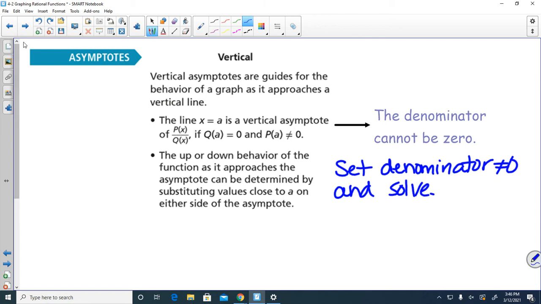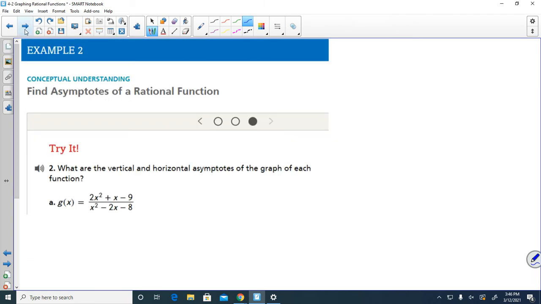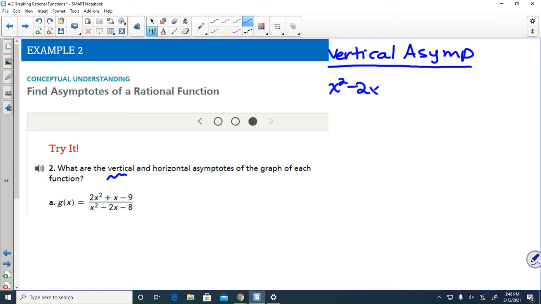So on example 2, you have to find the vertical and horizontal asymptote. So let's find the vertical asymptote first. And I'll abbreviate a little bit. I know my denominator is not allowed to equal 0. So I'm going to set the denominator not equal to 0. So x squared minus 2x minus 8 is not allowed to equal 0.